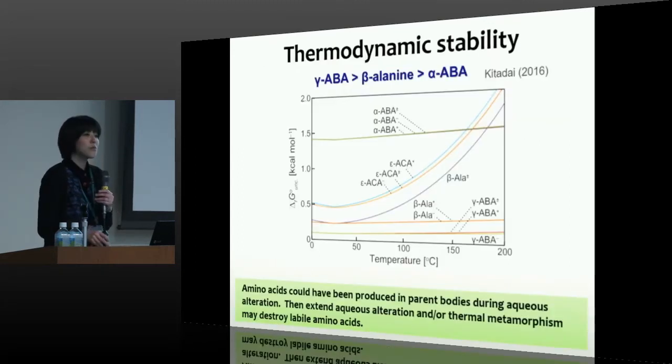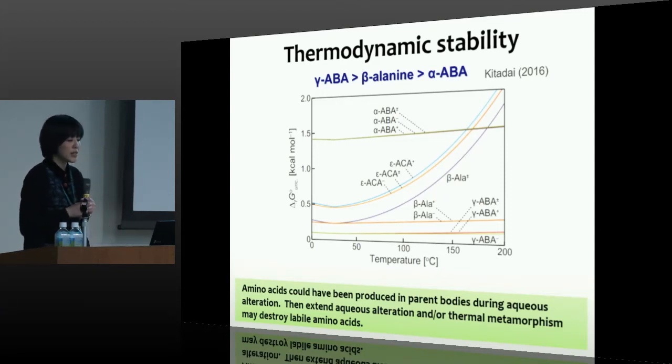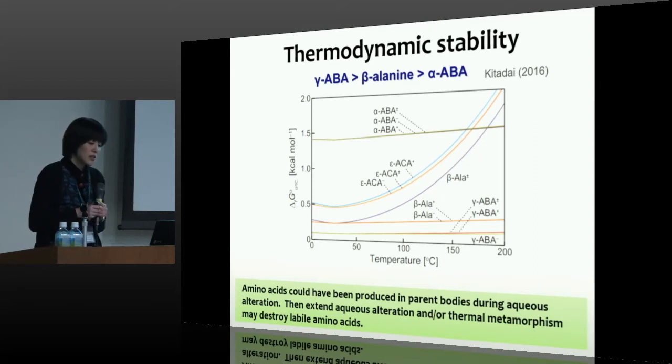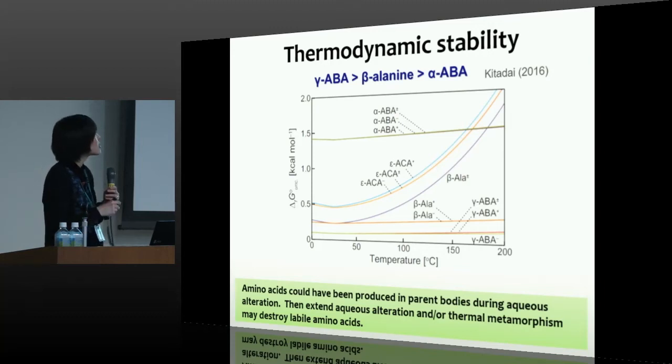So this is probably due to the thermodynamic stability of each amino acid. The thermodynamic stability of gamma aminobutyric acid is larger than beta-alanine, and beta-alanine is more stable than alpha aminobutyric acid.